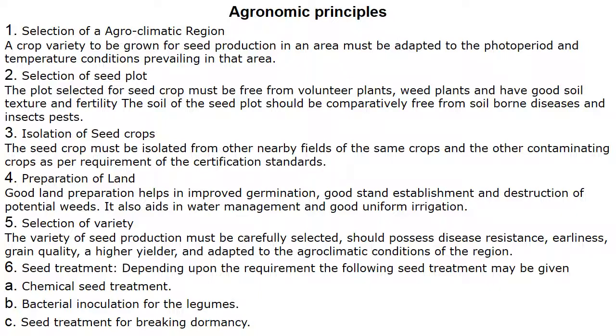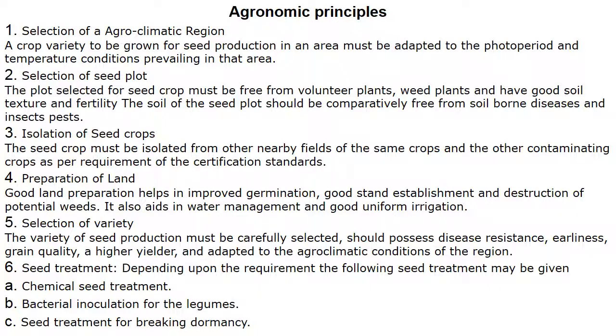Selection of varieties. Variety for seed production must be carefully selected, should possess disease resistance, earliness, grain quality, high yield, and be adapted to agroclimatic conditions of the region. Seed treatment. Depending upon the requirement, seed treatments are given.